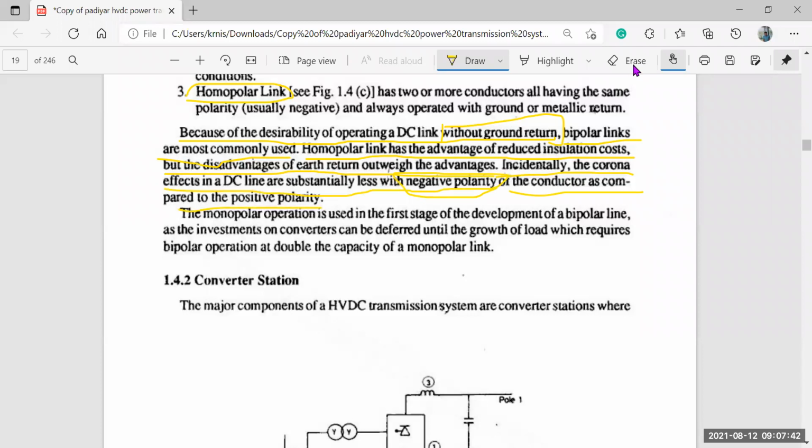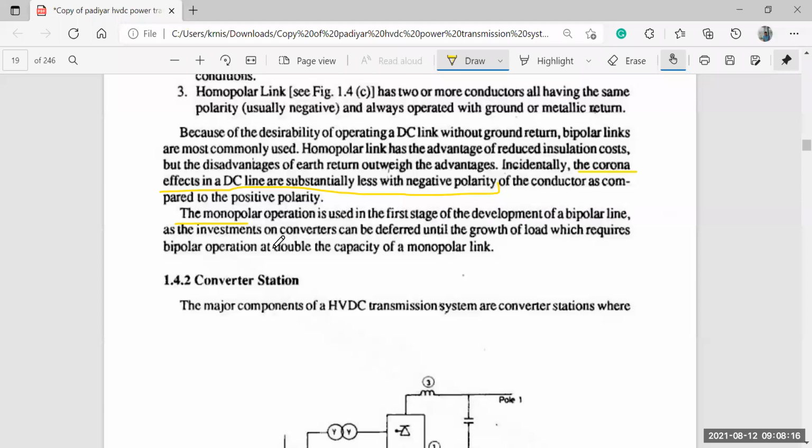This is also why the monopolar and homopolar were initially considered: the advantage of negative polarity was reduced corona.